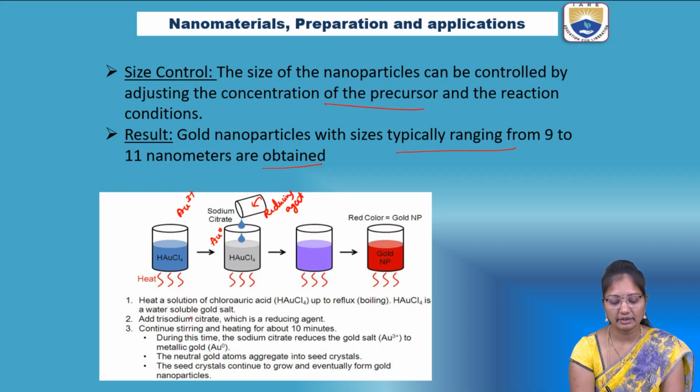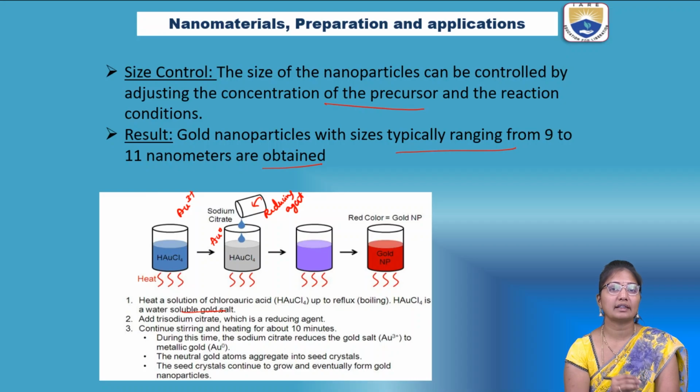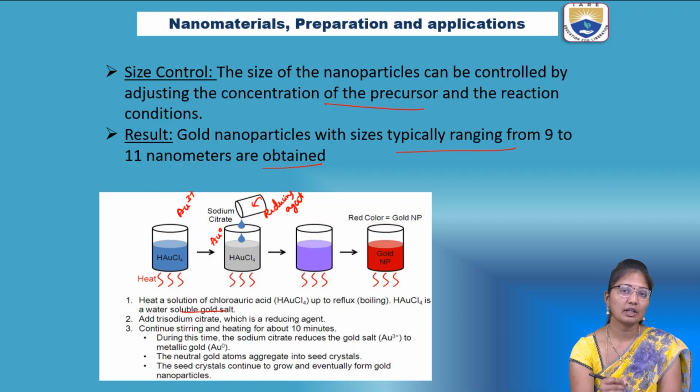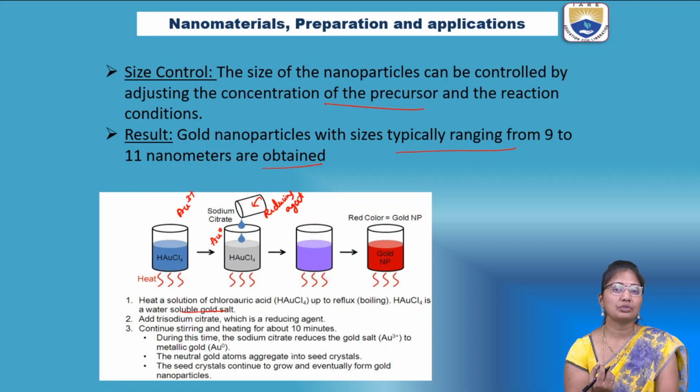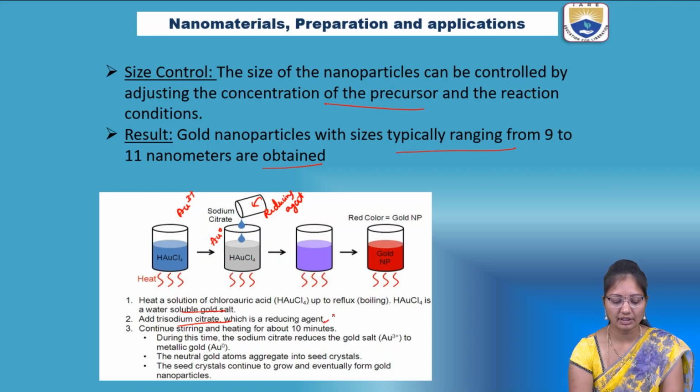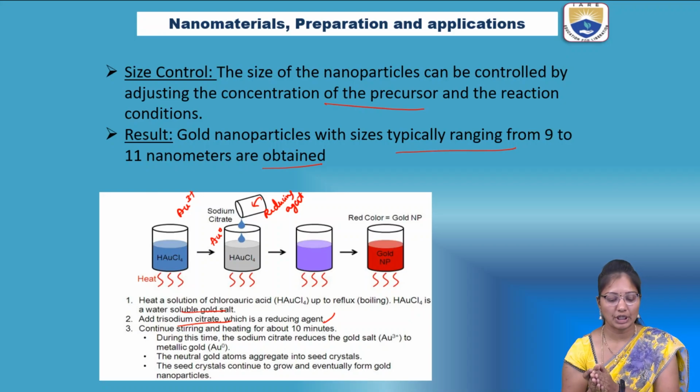So then the gold metal salt present in this solution becomes soluble in water. Above the boiling temperature, or when it was refluxed, the solution will have the soluble gold ions. Then addition of trisodium citrate or sodium borohydride or hydrogen, which acts as a reducing agent, converts the soluble Au plus 3 ions into Au0.